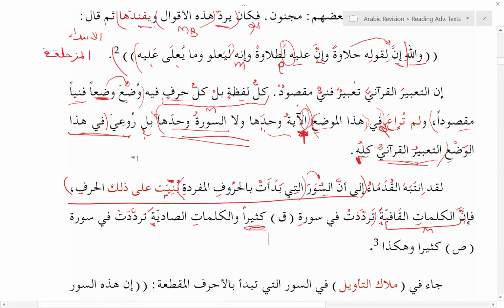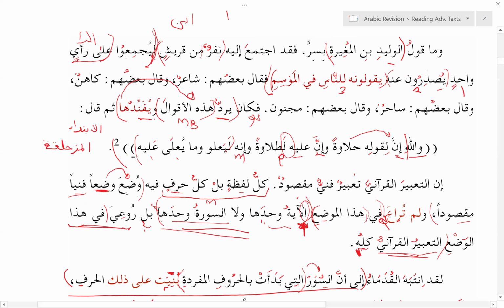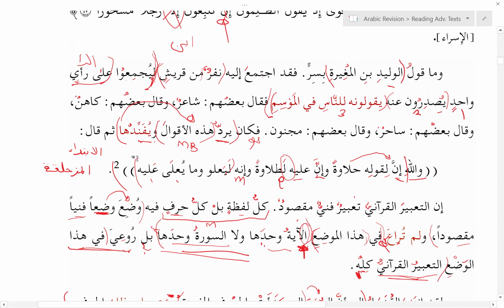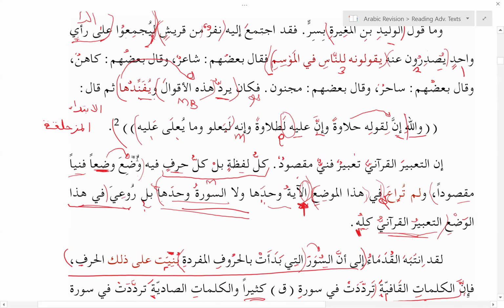Oh, okay. So let me put the connection for you. When he started, he was talking about how beautiful the Quran is, and even the Quraysh leaders couldn't stop themselves from listening to the Quran. So he's basically trying to tell you that the Quran is amazing. He's preparing you for how amazing the Quran is before he tells you exactly how amazing it is. He mentioned what Walid ibn Mughira said just to tell you how mesmerized he was by the Quran. Now he finished that part.